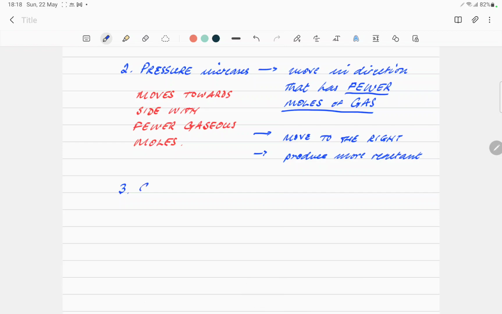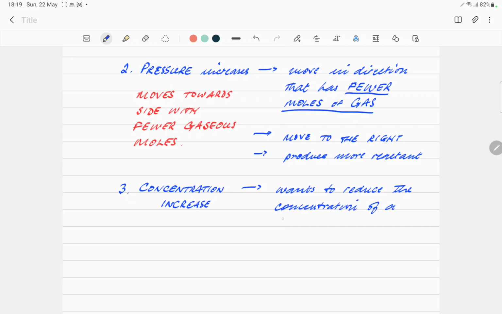If the concentration increases, what the system wants to do is reduce the concentration of a particular substance, back to what it was before. So it wants to oppose that increase.